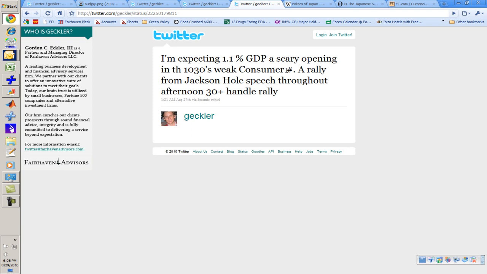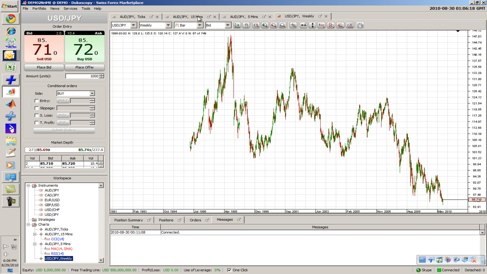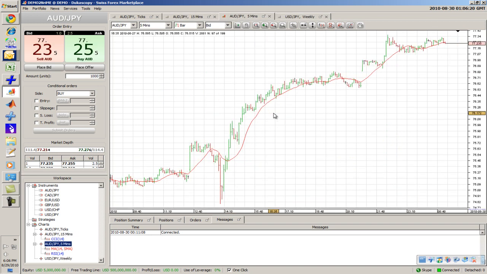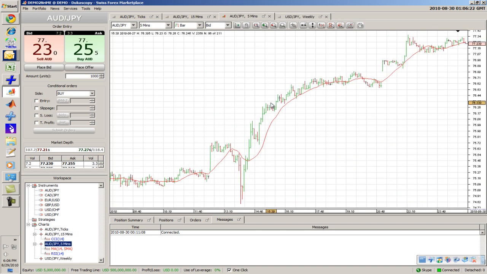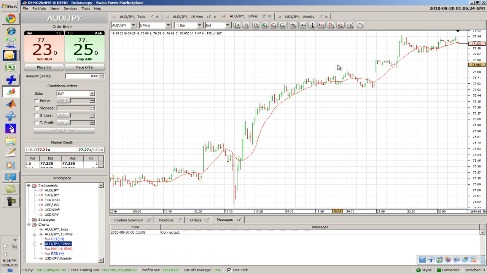We really were able to capture a lot of upside on this currency pair, and tonight it has gapped up right above the 77 level. It should set up an interesting situation, whether they sell the news on this emergency meeting or it continues to break through.